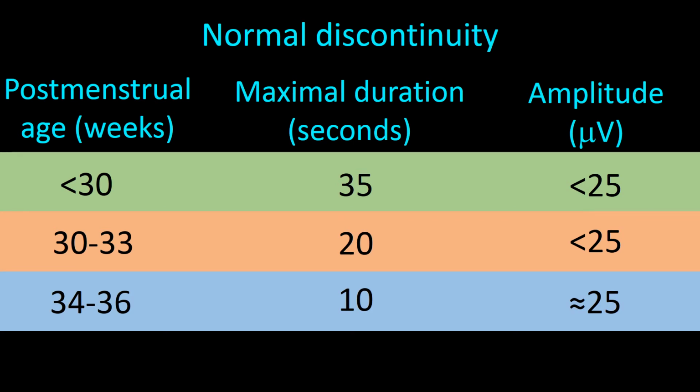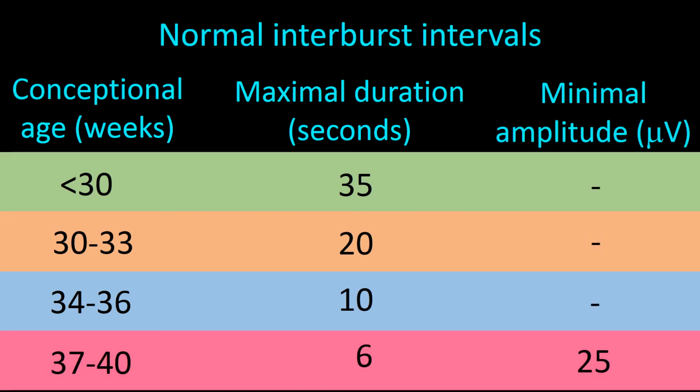Normal neonates from 34 to 36 weeks post-conceptual age have interburst interval with maximal duration of 10 seconds and an amplitude of about 25 microvolts. Normal neonates from 37 to 40 weeks have interburst intervals with a maximal duration of 6 seconds and an amplitude of more than 25 microvolts.